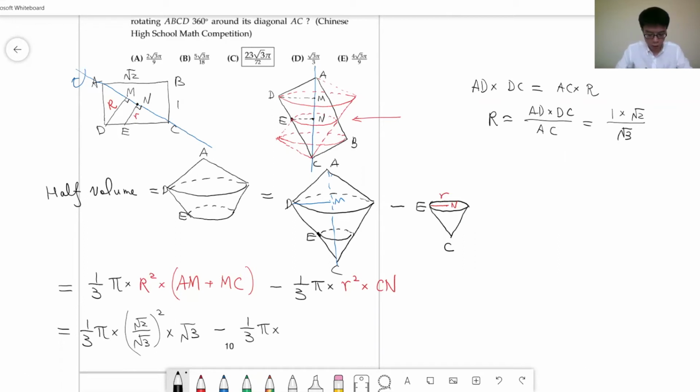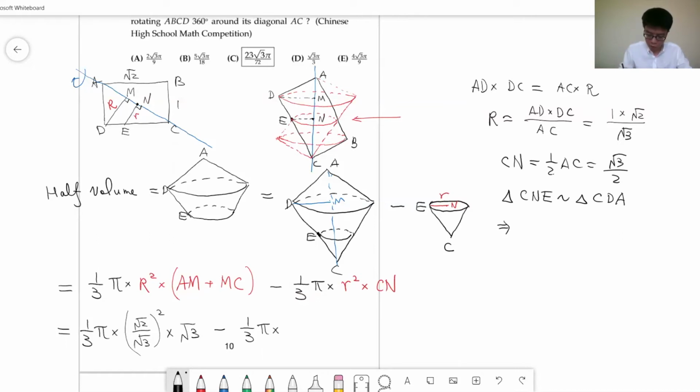Now let's see what little r is. We know CN is 1/2 of AC, which is √3 over 2. And we know triangle CNE is similar to triangle CDA. So the ratio between CN and EN is √2.